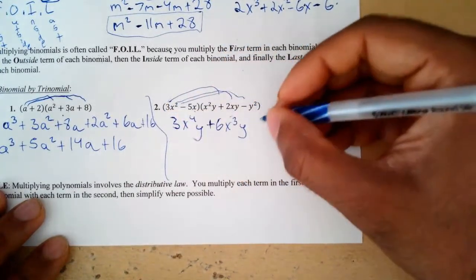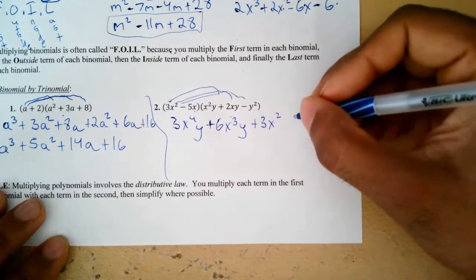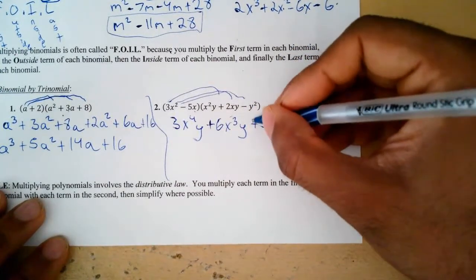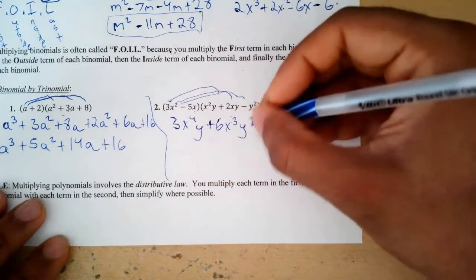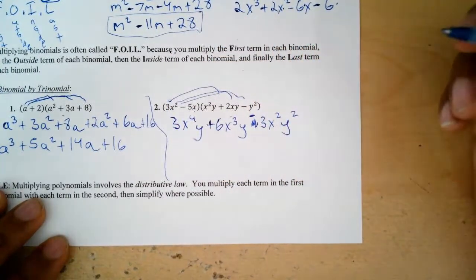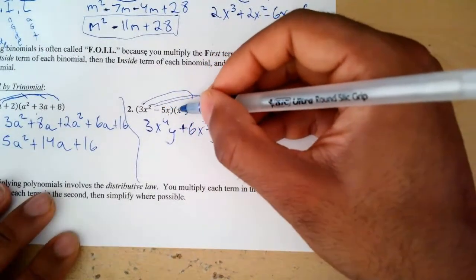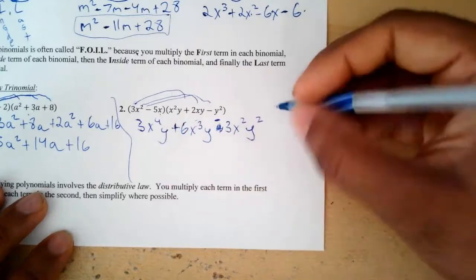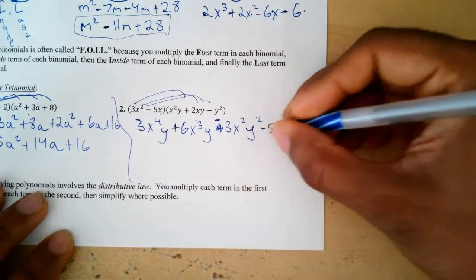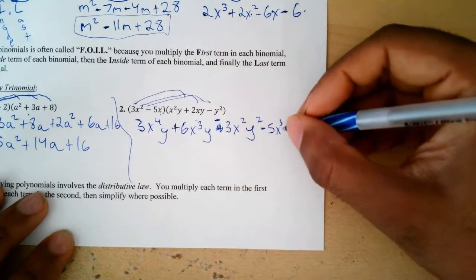3x squared times negative y gives you plus 3x squared. Actually, this is a negative because this is a negative. Negative times positive. So negative 3x y squared. Okay. And then the second part, I'm going to run out of room here. So negative 5x times x squared y is negative 5x cubed y.